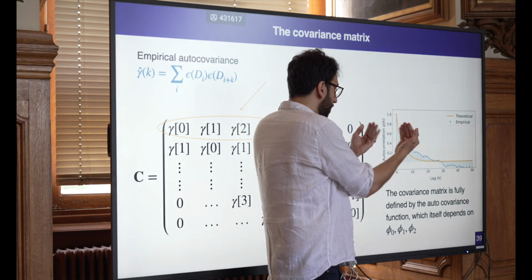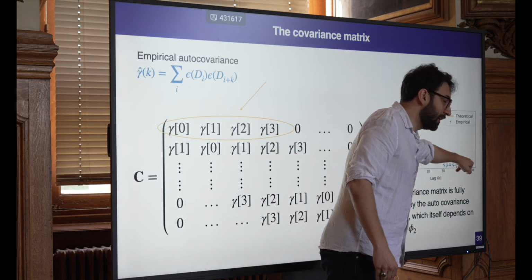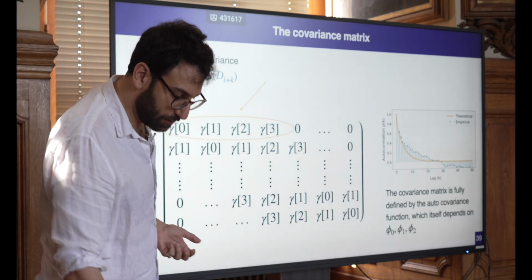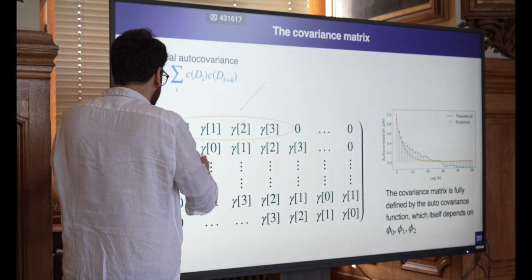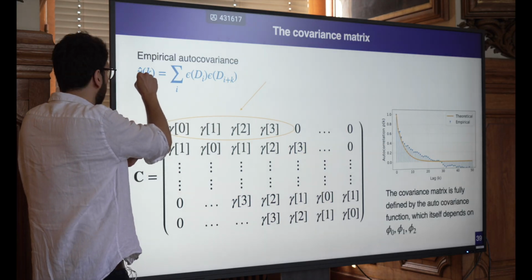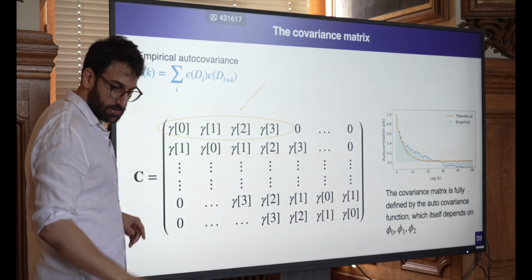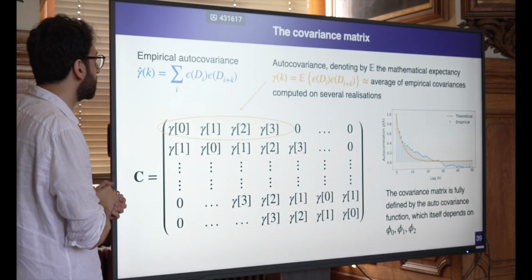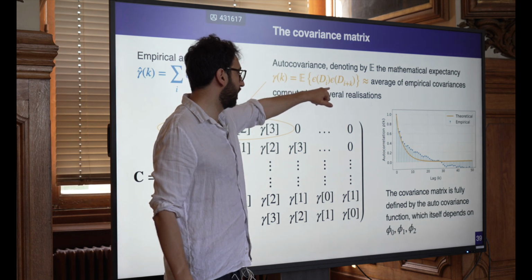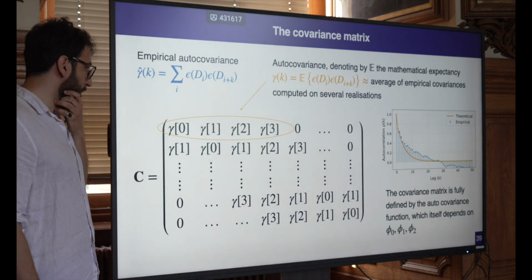As a function of the lag between my values of the noise, I take the product. And this is the theoretical value of this particular process. To instantiate your covariance matrix, you will need this autocorrelation, this autocovariance of the process. So here, this is the theoretical value of the autocovariance, which depends on the parameters of my noise.